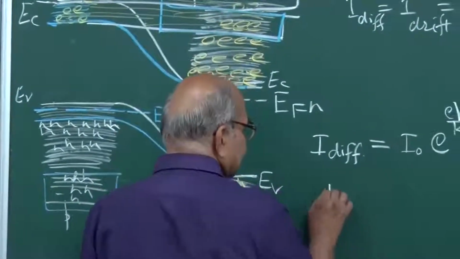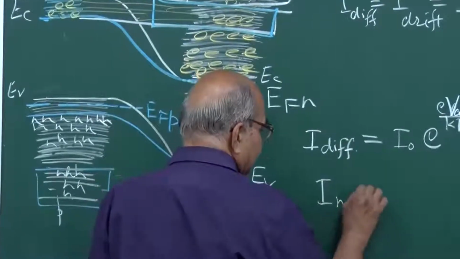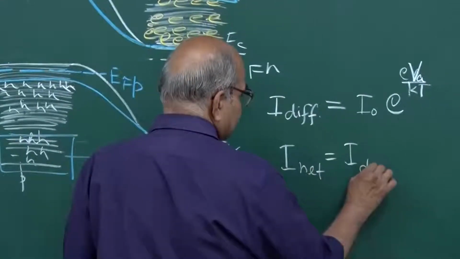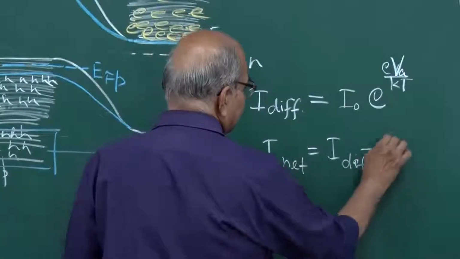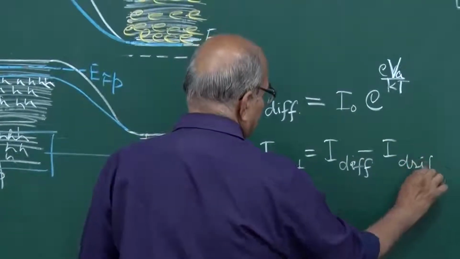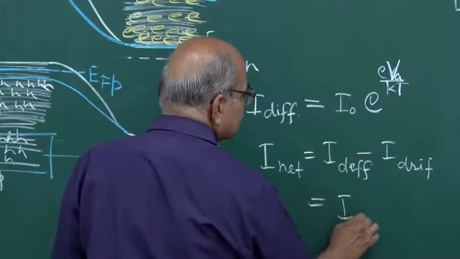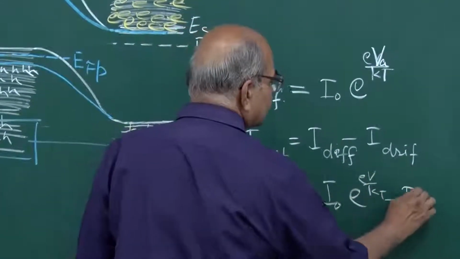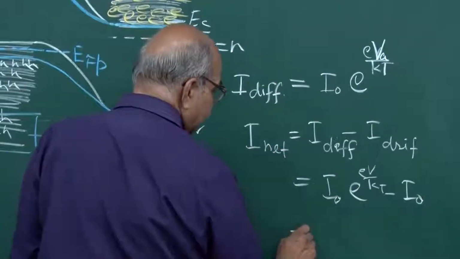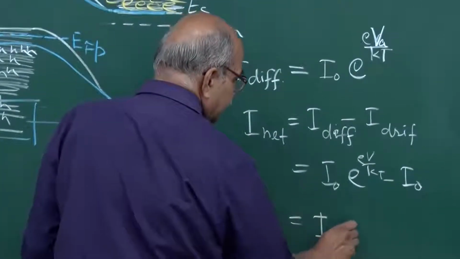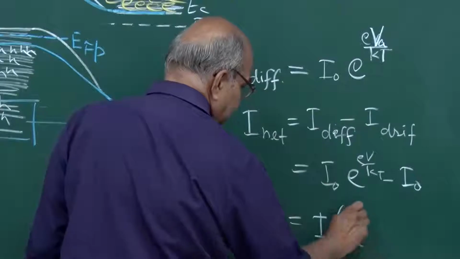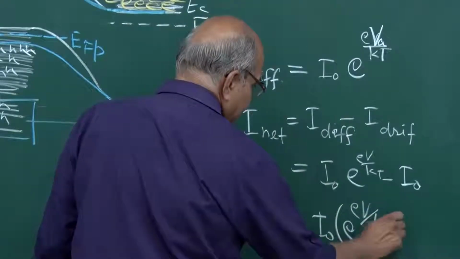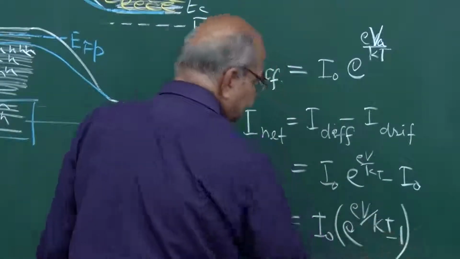So what is the net current? The net current is I diffusion minus I drift, which is I naught times e power eV by kT minus I naught. So it's I naught, common, e power eV over kT minus 1.